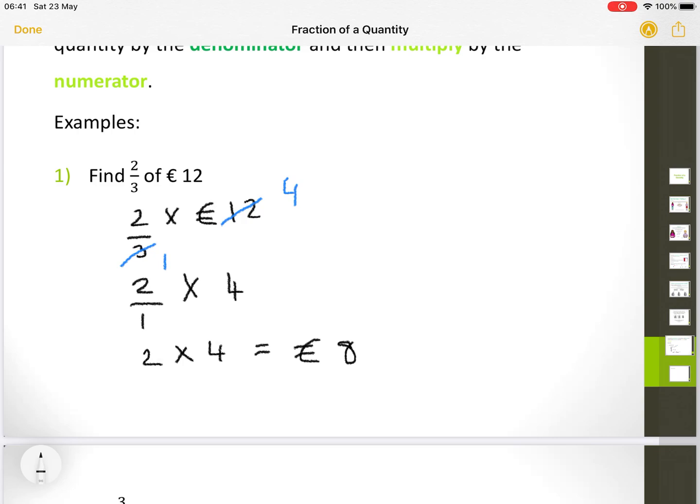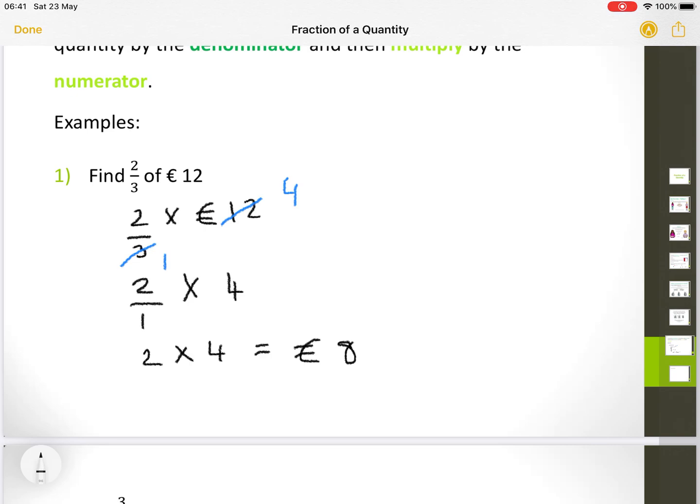So let's explain again. 2/3 of 12 is 2/3 times 12. I write times instead of "of". That's the first thing. Then I can cancel the 12 with the 3 because 12 is at the top and 3 is at the bottom. 3 divided by 3 is 1. 12 divided by 3 is 4.